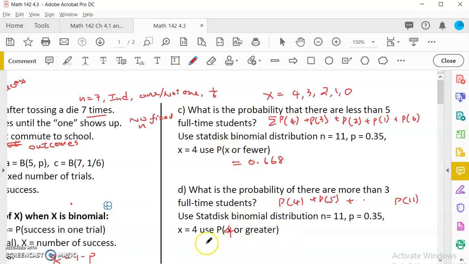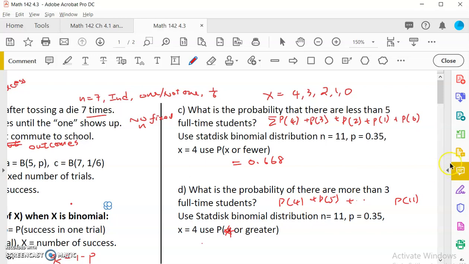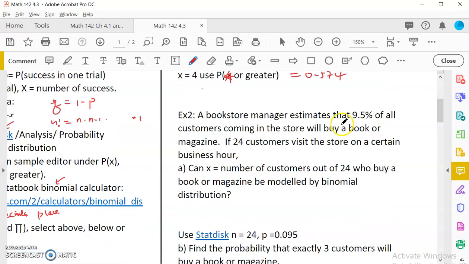So I would say X equal to 4 and then do X or greater. So X or greater is 0.574. So you can see it is useful, but you just have to know which one to use. So there's some tricky ones.